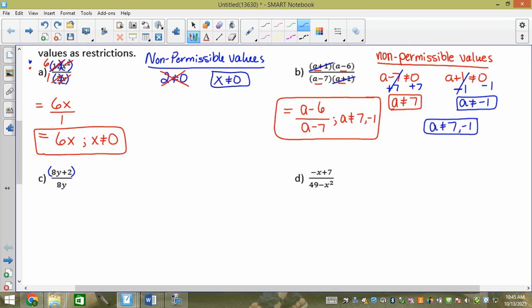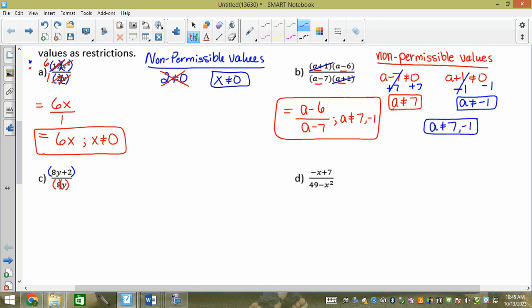When I see binomials, I immediately put brackets around them so that I can't try and cross off that 8y with the 8. This 8y plus 2, that's a binomial. 8y is a monomial. You cannot cross a binomial off with a monomial. It's binomial with binomial. This 8y is a monomial because there are no plus or minus signs. So I can put the 8 in its own brackets and the y in its own brackets.